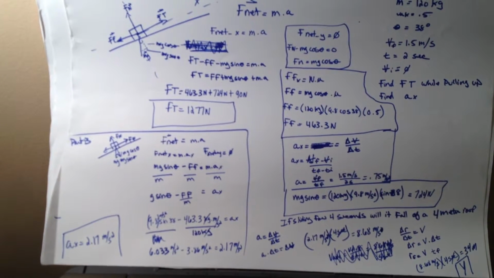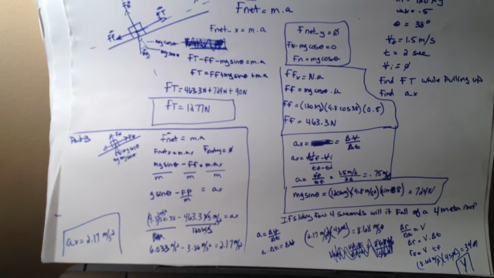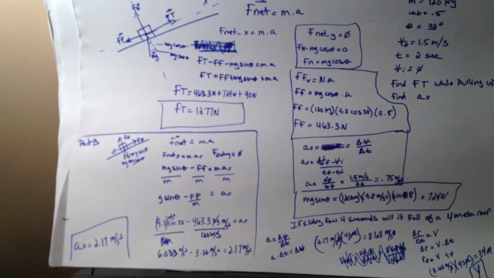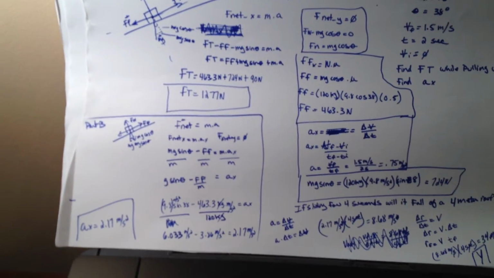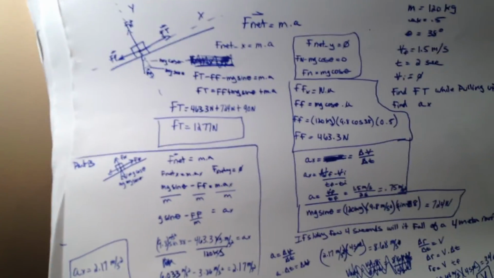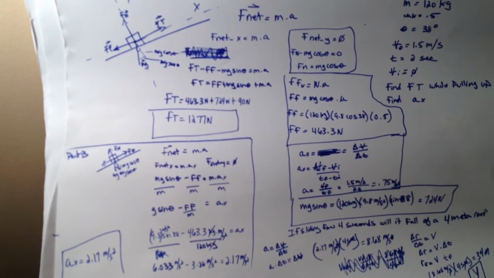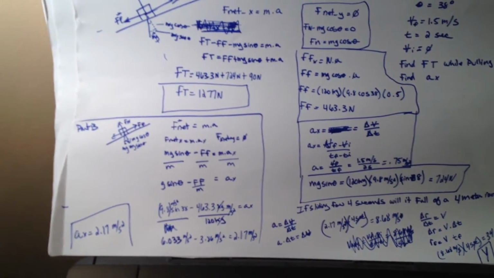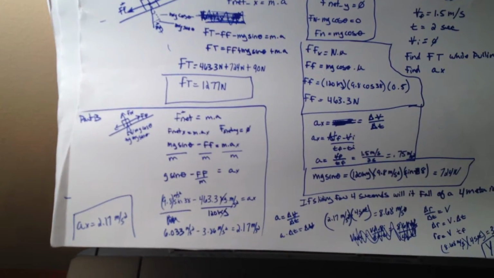Adding them all up, the force of tension comes out to be 1,277 newtons. Now, the rope is only able to hold 1,250 newtons, so it breaks and the shingles slide back down the roof.